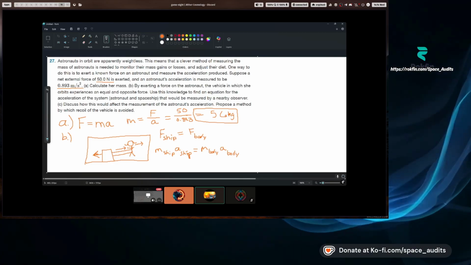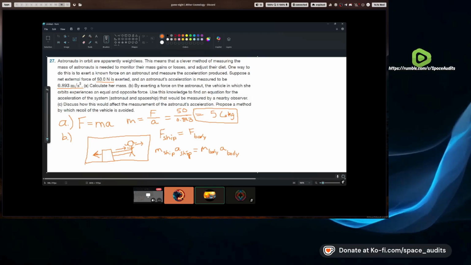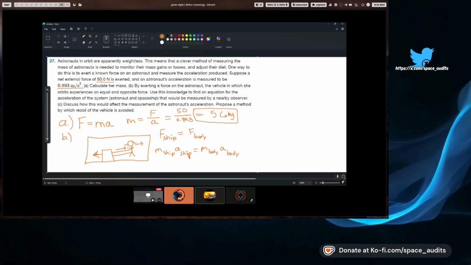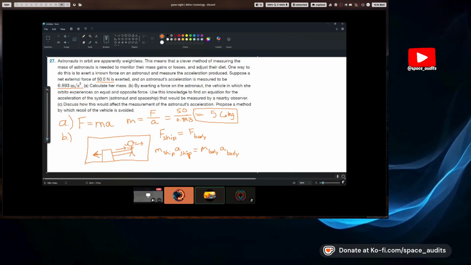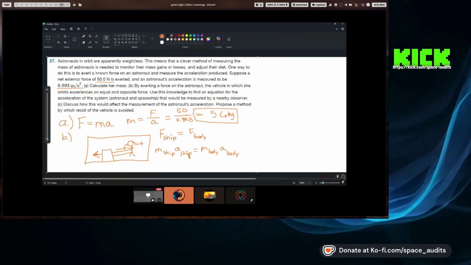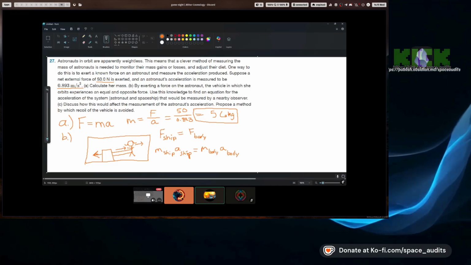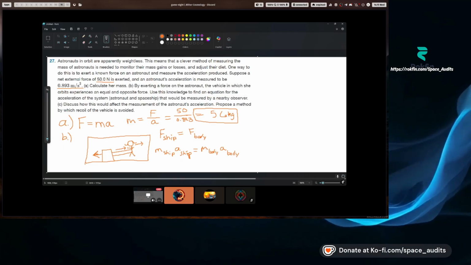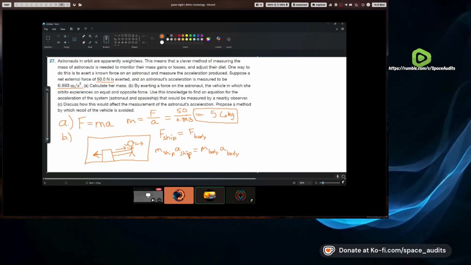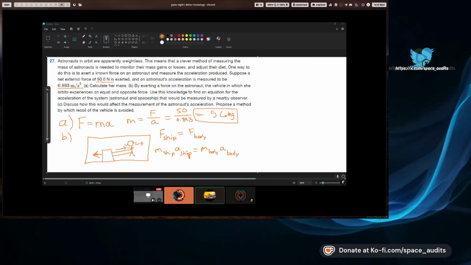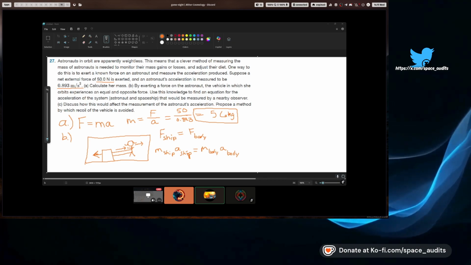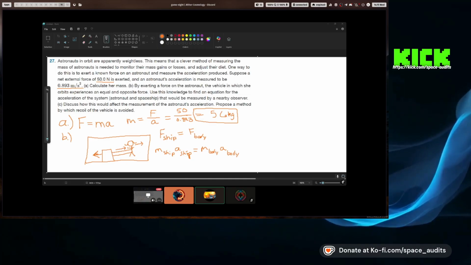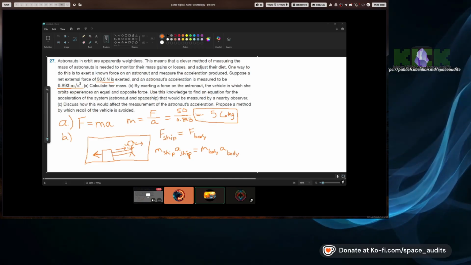Because it says to find an equation for the acceleration of the system, astronaut and spaceship, that would be measured by a nearby observer, I'm not sure what form they want this equation in.